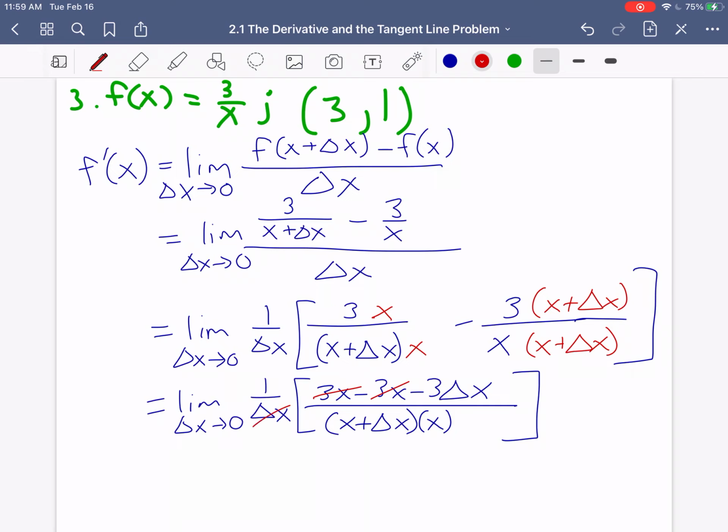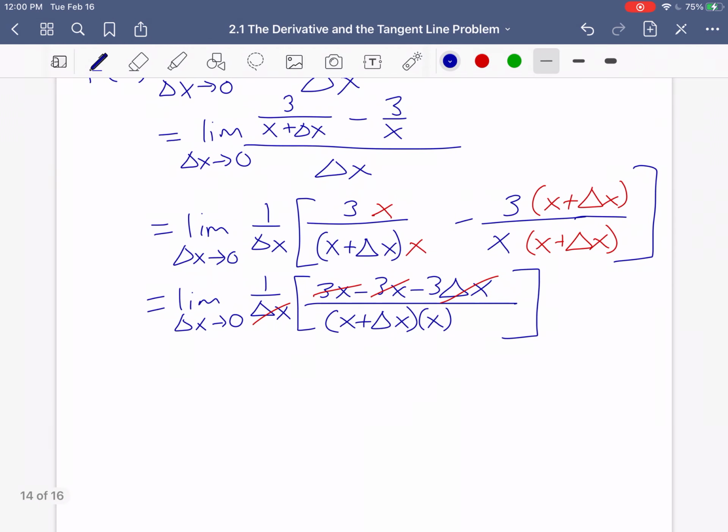Then we have a negative 3 delta x, so that delta x will cancel with the delta x out front, leaving negative 3 on top. If we do direct substitution now, we have negative 3 over x times x, so x plus 0 times x, which is just x squared. So our derivative is negative 3 over x squared.